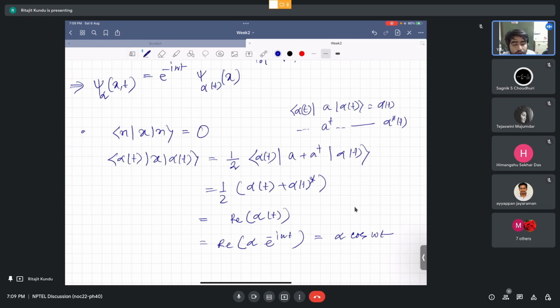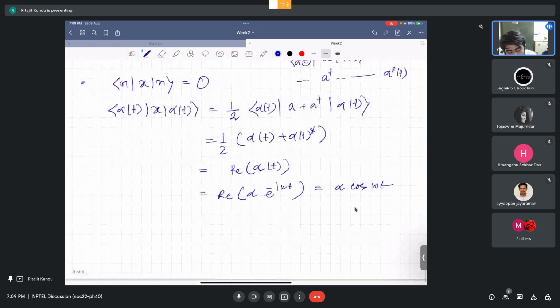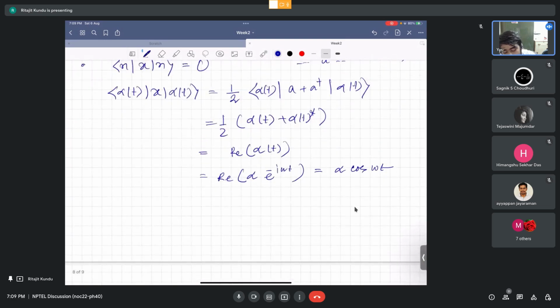So what does this actually physically mean? Let's try to visualize it a little bit. Let's say this is your particle in the harmonic oscillator, and you have been given some kind of state. I have shown you that as a function of time, its expectation value, x average, will be here.